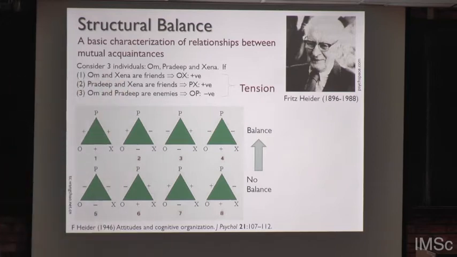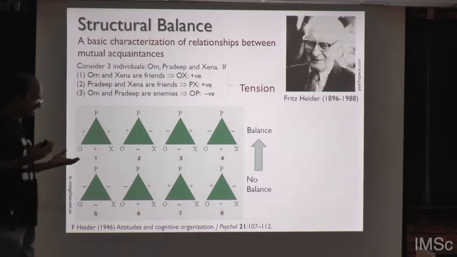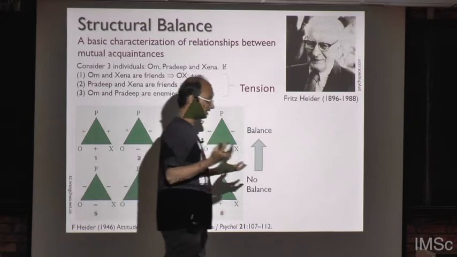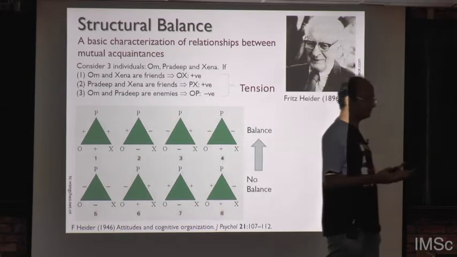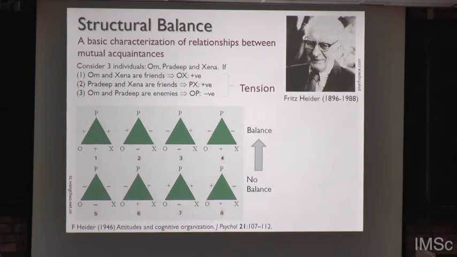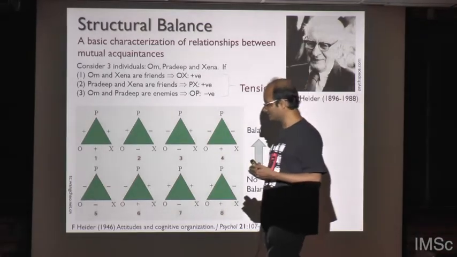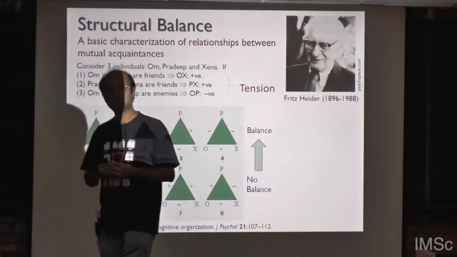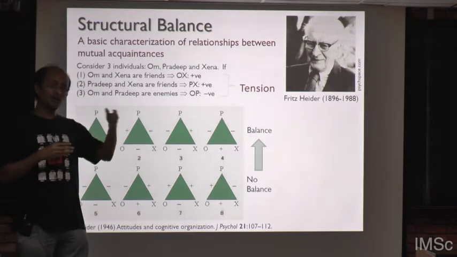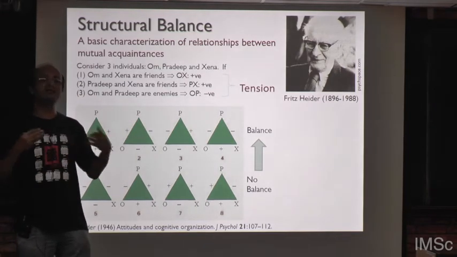Gestalt psychologist. And so what he was interested in was essentially the structure of our social networks, or in particular the structure of how we form relations of friends and so on. And so he said that, look, if you look at a social network, oftentimes all triadic relations are not equally stable.